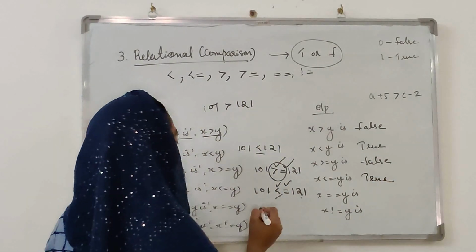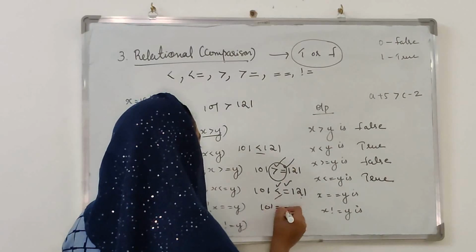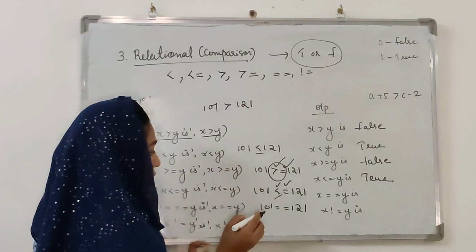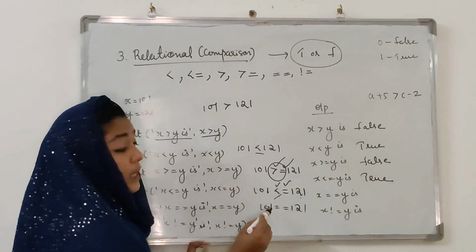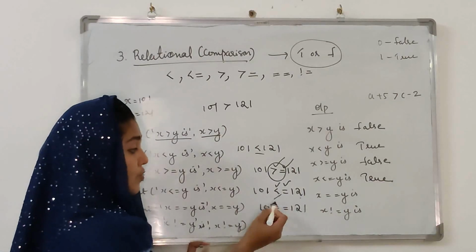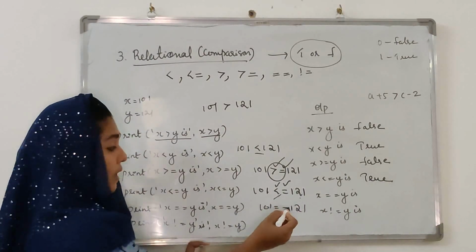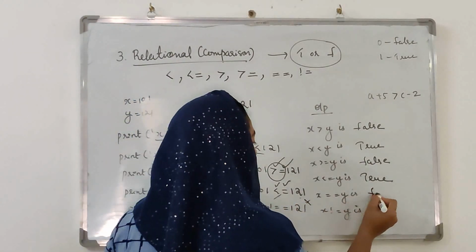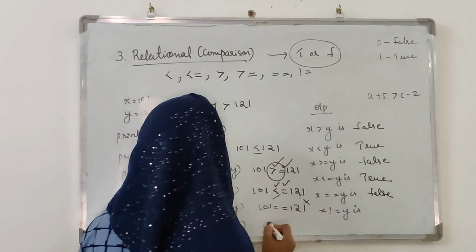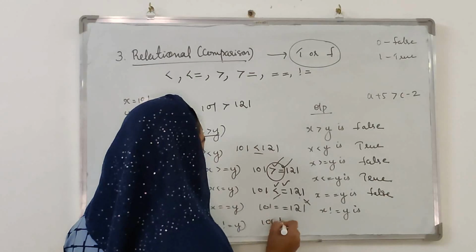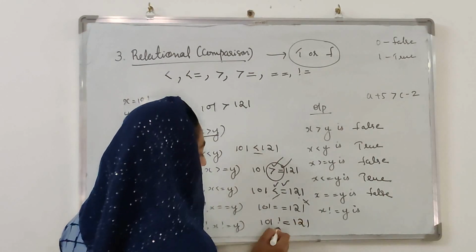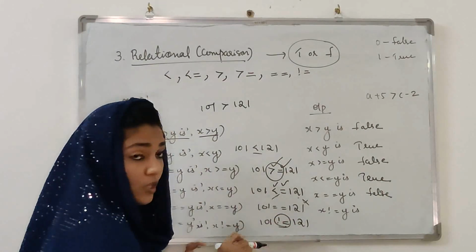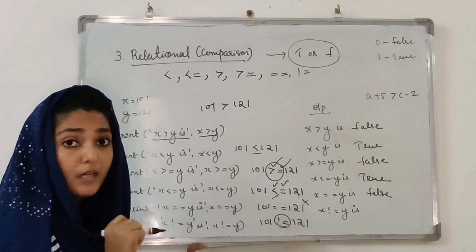Next is x equal to y, that is 101 equal to 121. Here we are performing a matching operation, whether the first value is equal to the second value. Is it correct or wrong? This is not correct, so our output will be false. And the last one is 101 not equal to 121. This exclamation mark and equal to means not equal to.